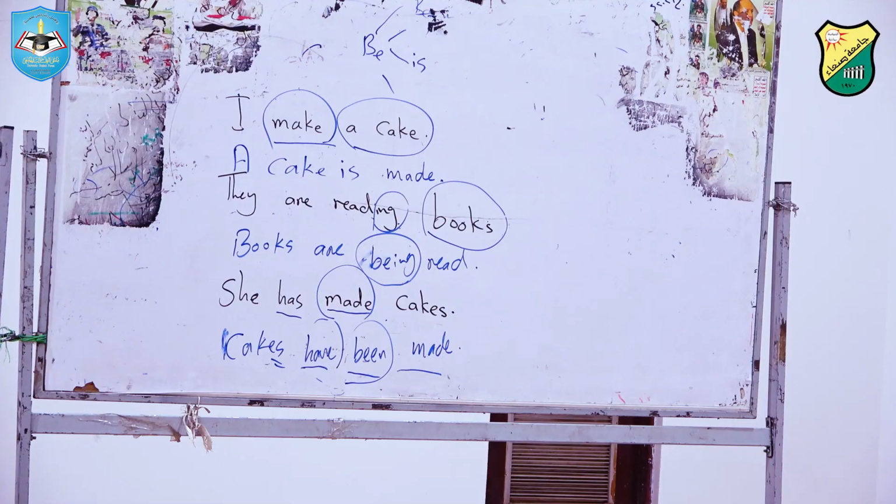Ahmed and Ali are playing football. Ahmed has good and interesting job. لاحظوا الآن and بتربط لي يا إما بين two nouns or two adjectives. يعني الآن لما أربط بين two nouns, two adjectives, it's a simple sentence. It's not compound.